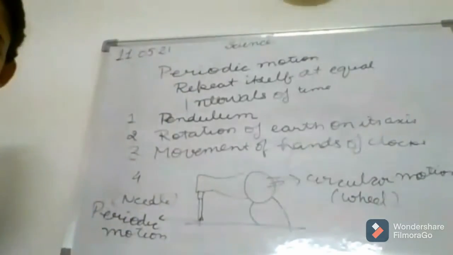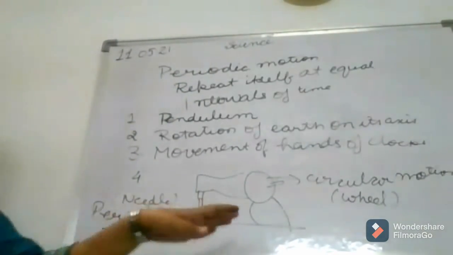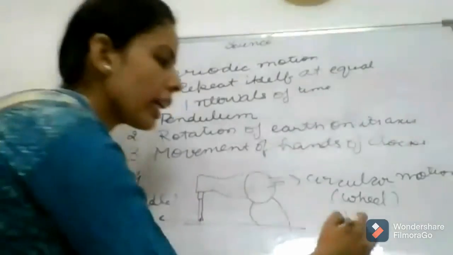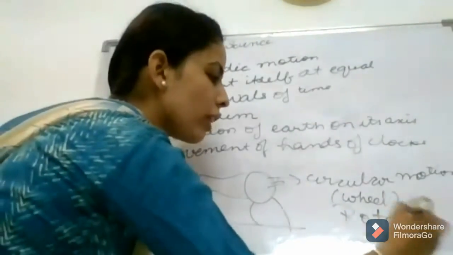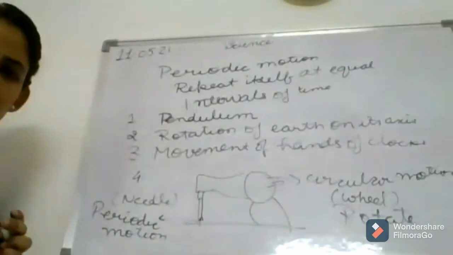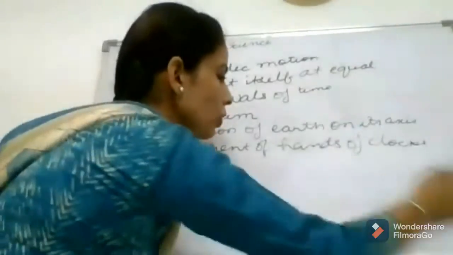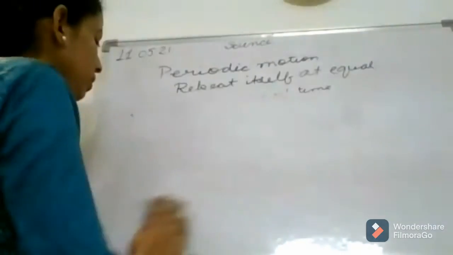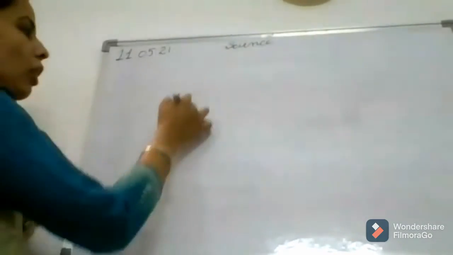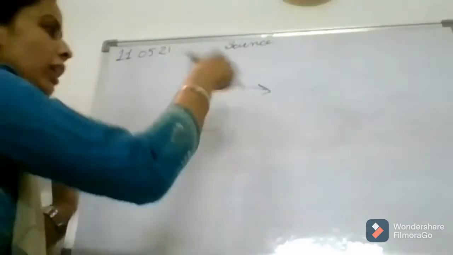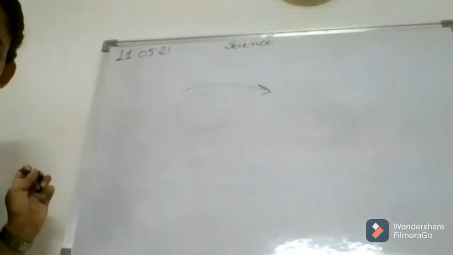So what will happen if the ball is rolling on the ground? It will rotate also and move in forward direction also. Clear? You should do this activity. See here, if there is any ball, what will happen? It will go forward also and it will rotate also. Clear?